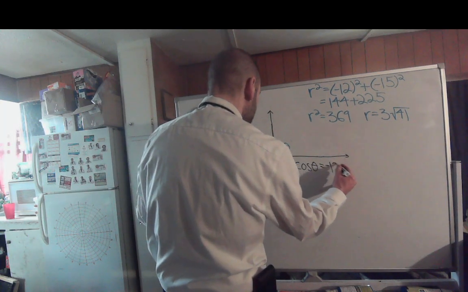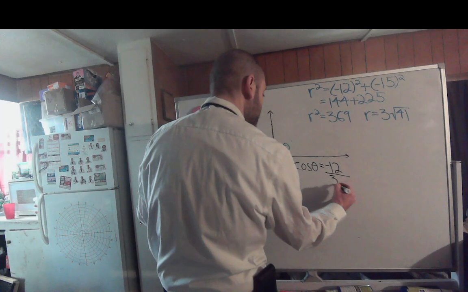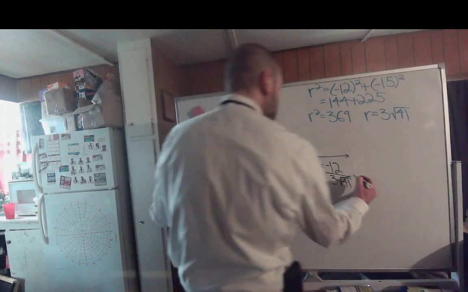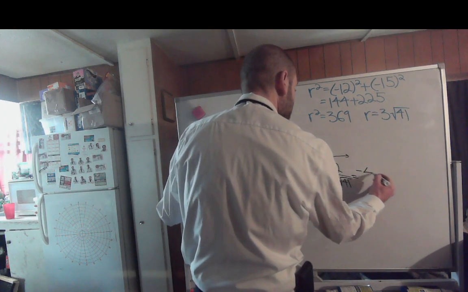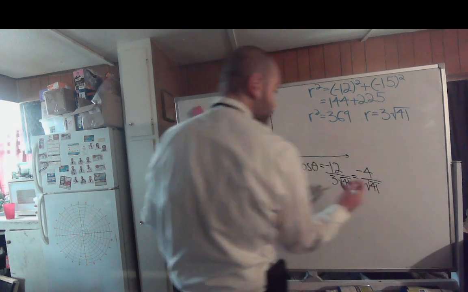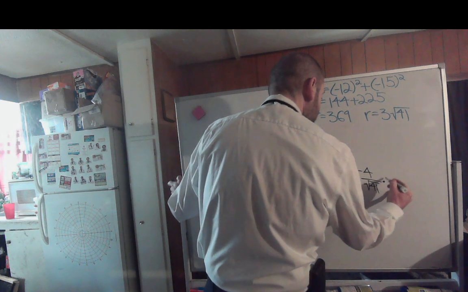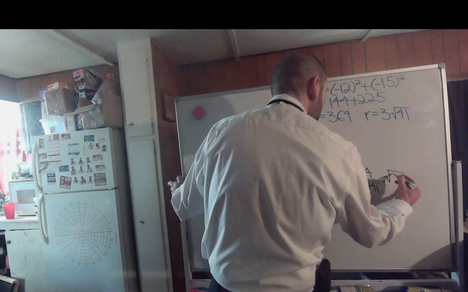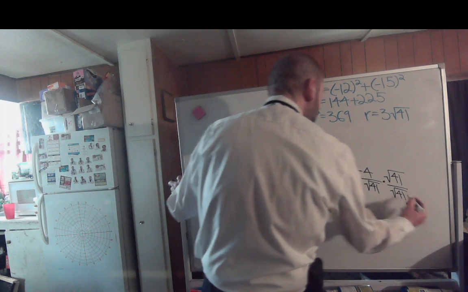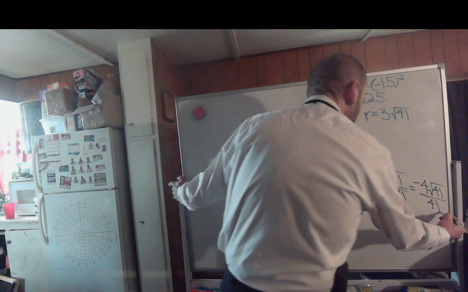That'd be -12 all over 3 times the square root of 41, which could simplify into negative 4 over the square root of 41, but we need to rationalize the denominator. So multiply both numerator and denominator by that square root of 41, and you get your cosine is equal to negative 4 times the square root of 41 all over 41.